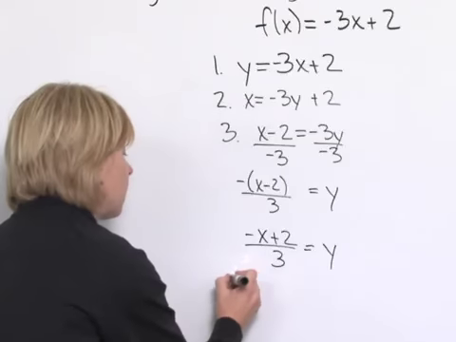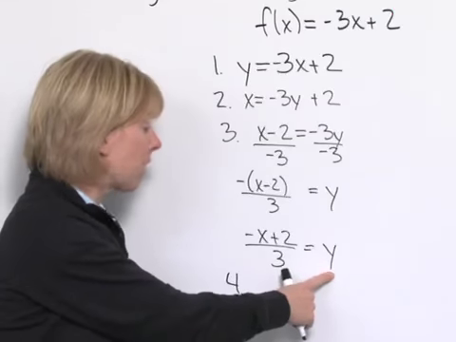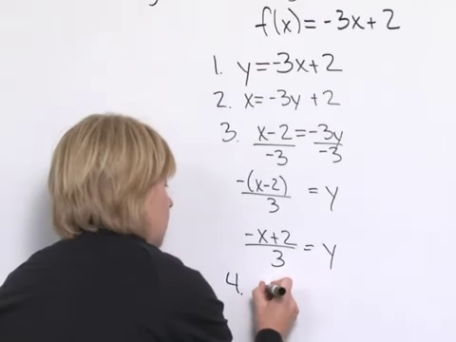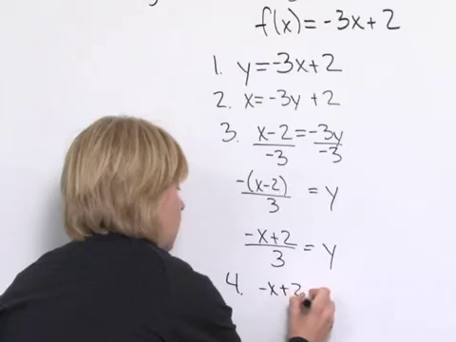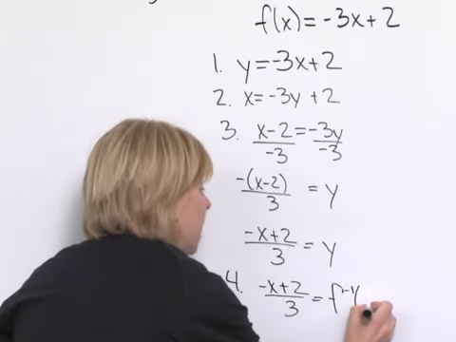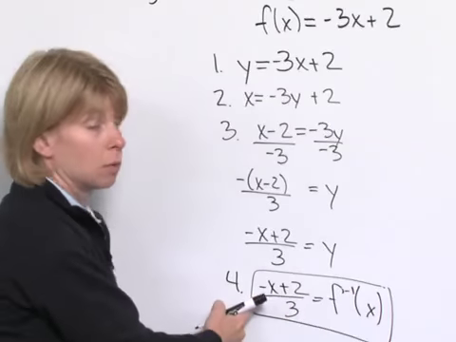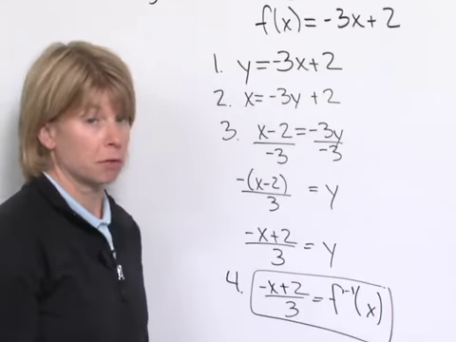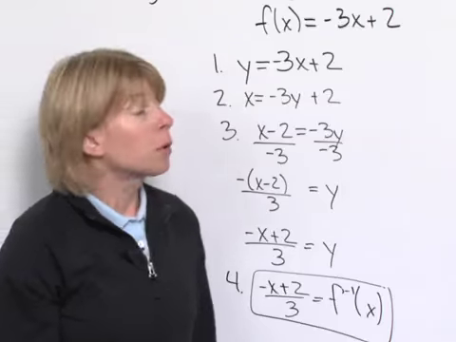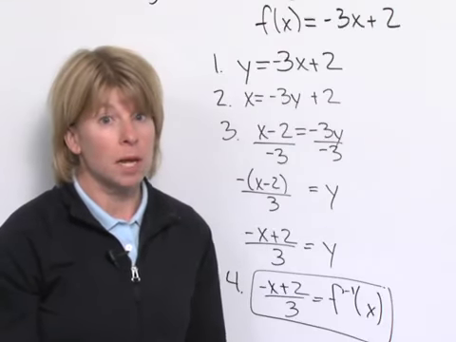And the fourth step is to replace y with f inverse of x. So we have that the inverse function is f inverse of x equals negative x plus 2 over 3. Now we're going to graph f with its inverse on the same coordinate plane.